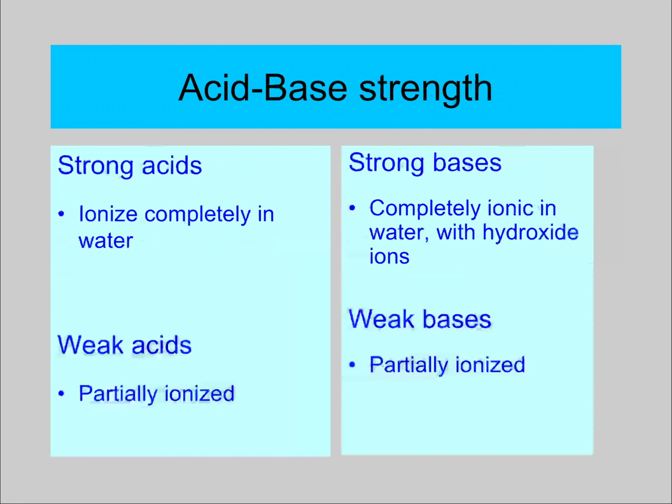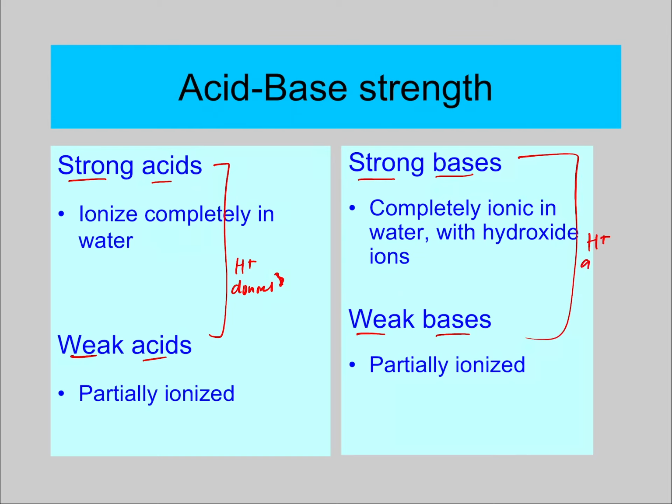So, acid-base strength. We have four different categories: strong acids, strong bases, weak acids, and weak bases. The one thing you need to know about how they get defined is that acids are proton donors and bases are proton acceptors. The only difference between strong and weak is how much they ionize. Remember when we said they form ions in solution?